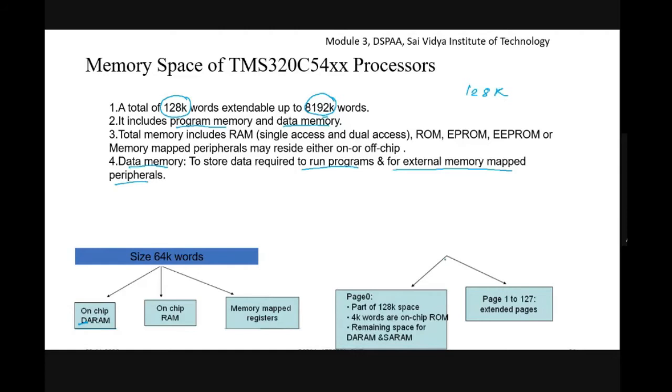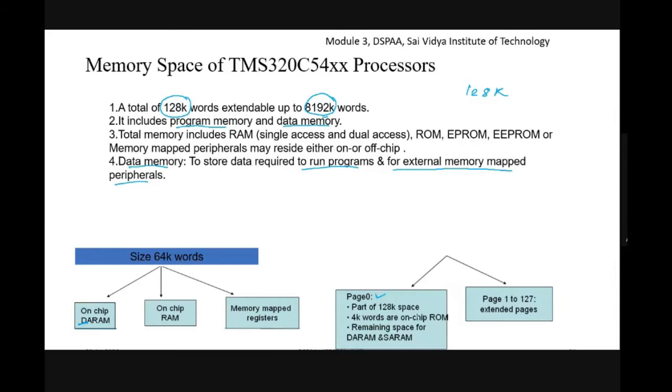The memory is divided into pages. The first one, page 0, is a part of the 128K space.